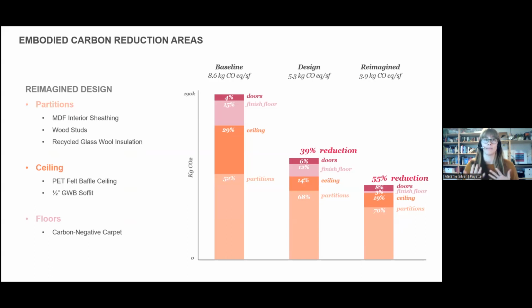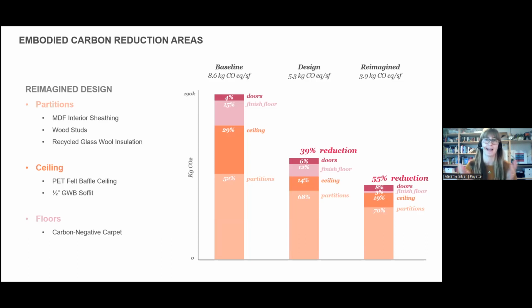And then, because we were doing this at the same time that we were doing the Kaleidoscope research, we had that reimagined partition assembly that we designed for Kaleidoscope, and we wanted to ask the question, well, how do we redesign this project, and reimagine it? What could we have done to push this even further? Just as a design exercise.